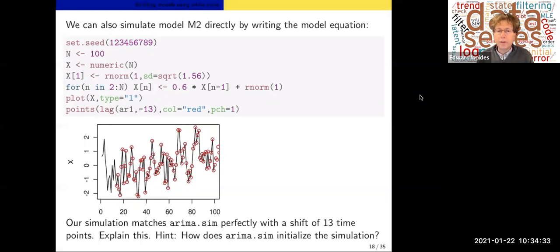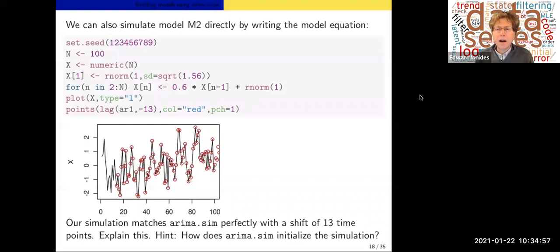The code to generate an AR1 model is really not that hard. Here it is. We set n is 100 time points. We want to generate a time series x. We initialize it at rnorm(1).